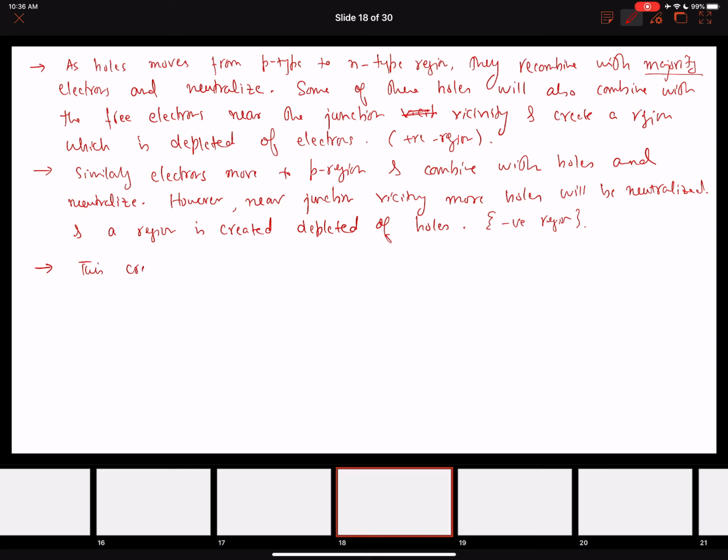So this creates a barrier, or a depletion region, and an electric field exists in this region, and a barrier potential.